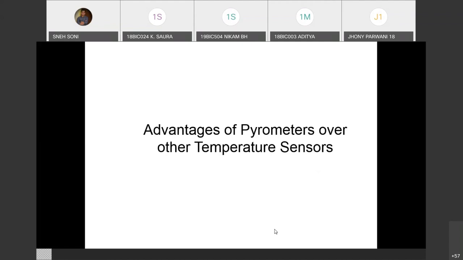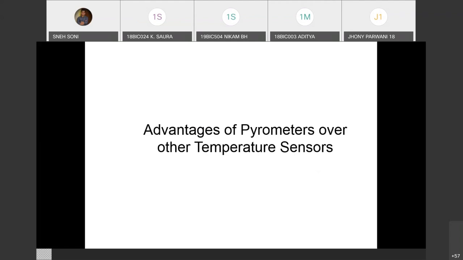So this was the topic relating to pyrometers: the radiation pyrometer and the optical pyrometer. Okay. I already told you yesterday about the infrared pyrometer, which also uses infrared for temperature measurement; that is one of the pyrometers. And these are useful for high temperature ranges.